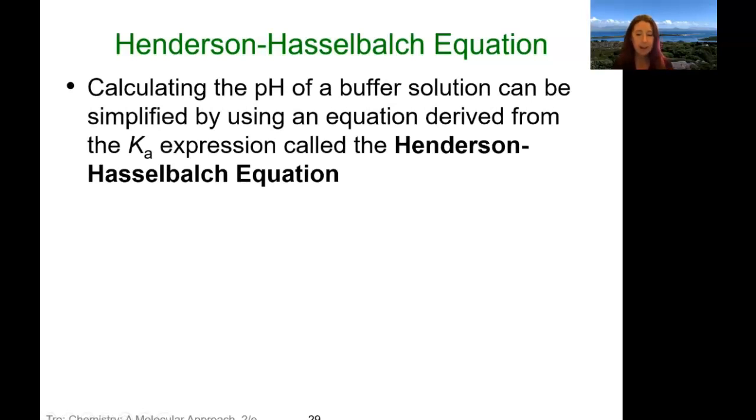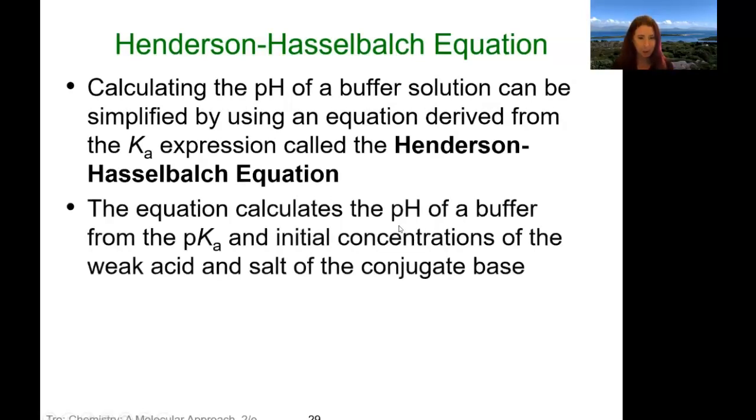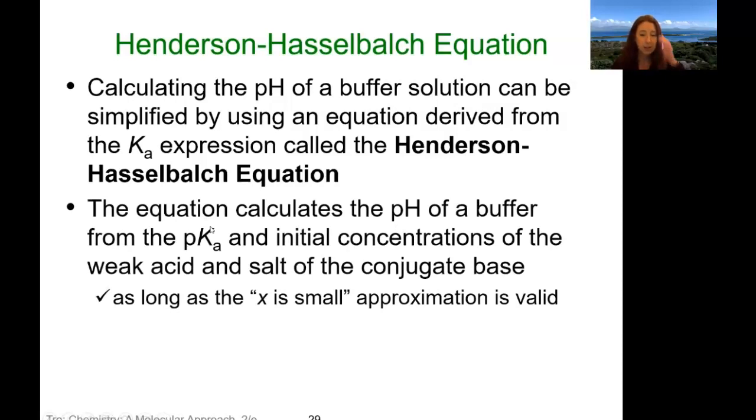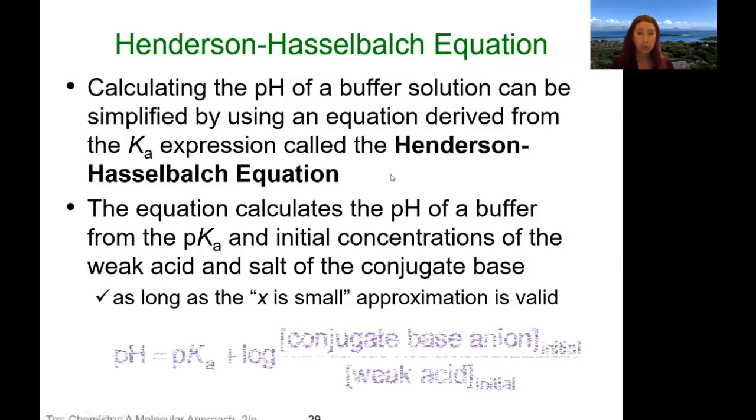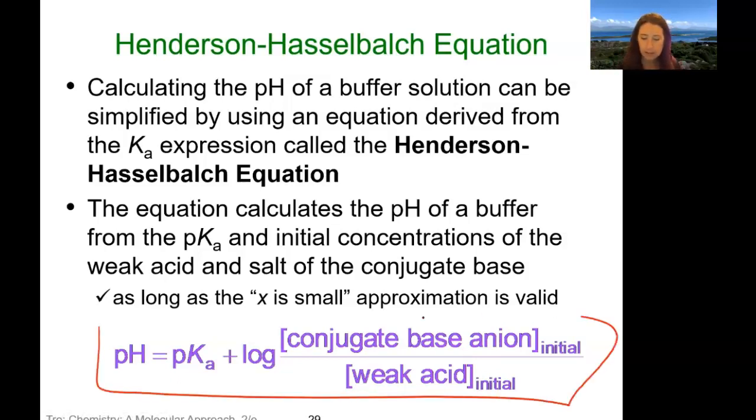The Henderson-Hasselbalch equation allows us to calculate the pH of a buffer as long as x is small is true, right? So we're still going to need to check that x is small. The formula is this: pH equals pKa plus the log of the base over the acid. So conjugate base over our weak acid.